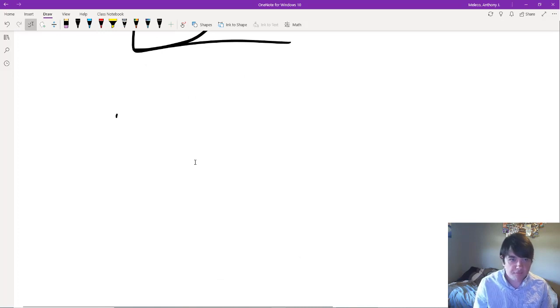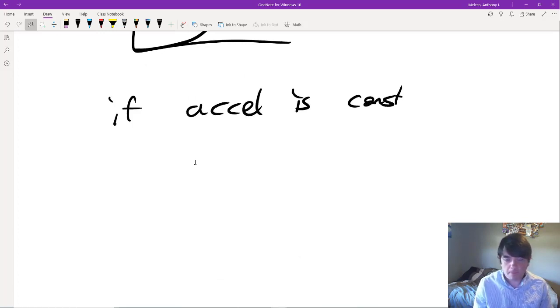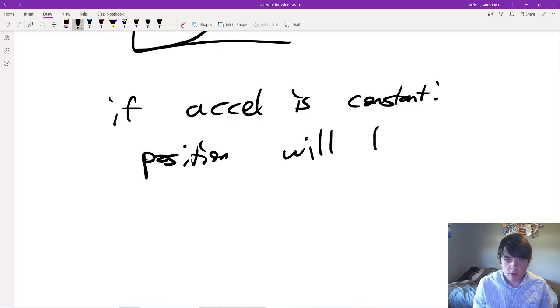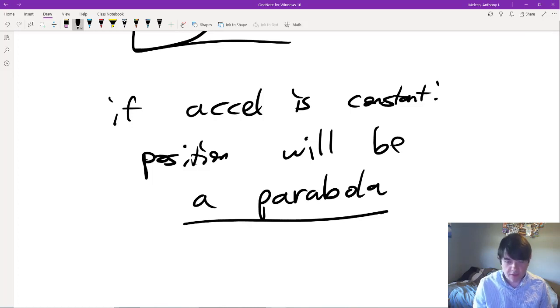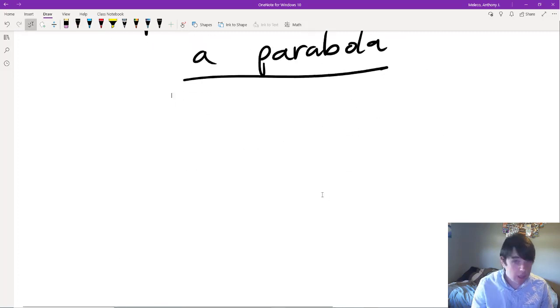Okay, so position will be a parabola. And we'll see this when we work with kinematics, which is our first thing. Which means that our position moves faster and faster each time.